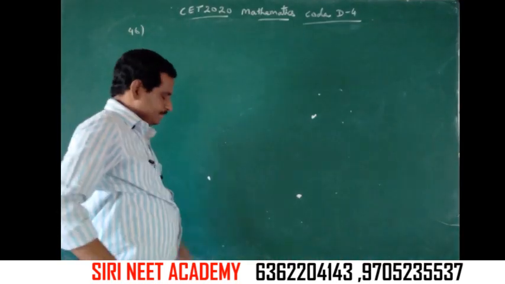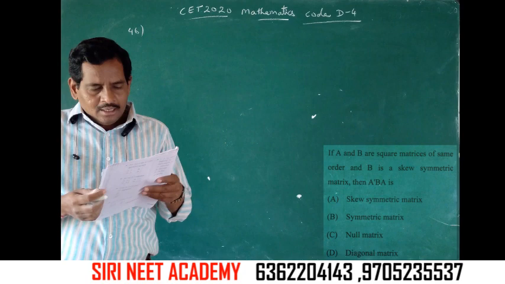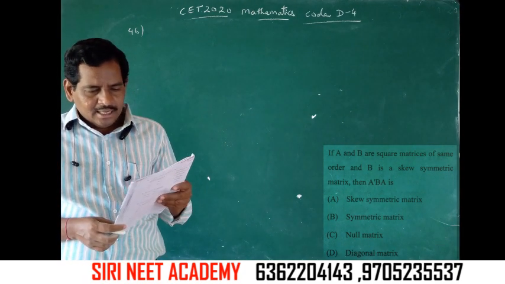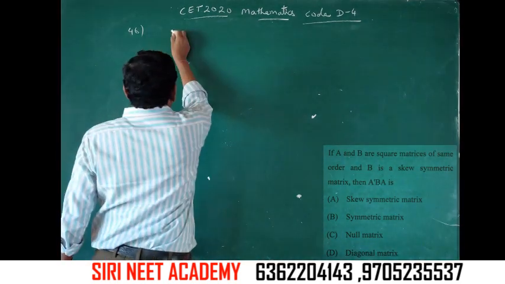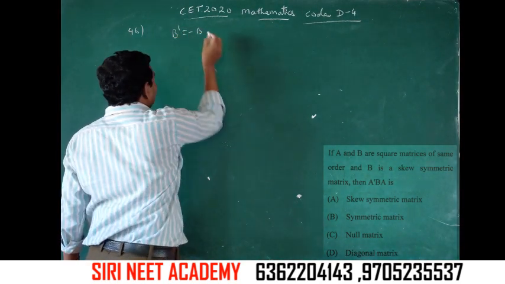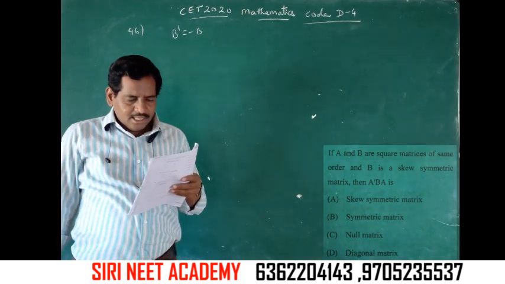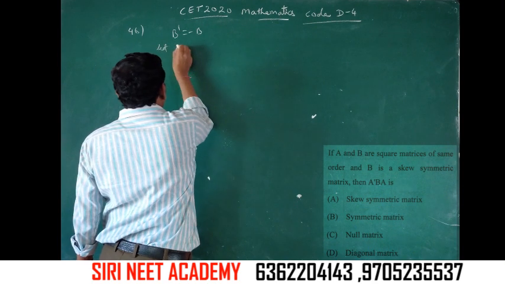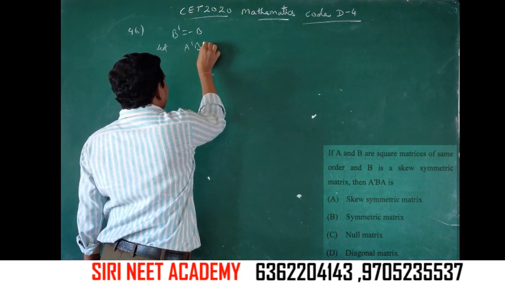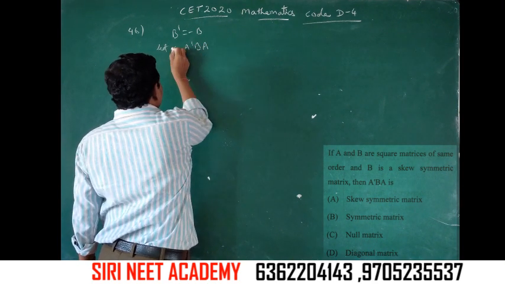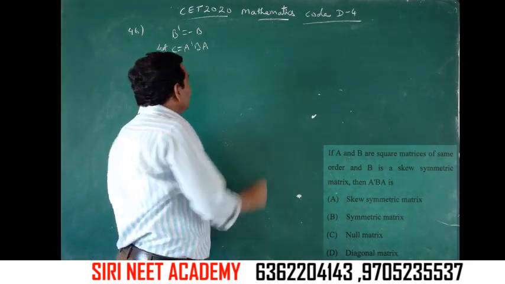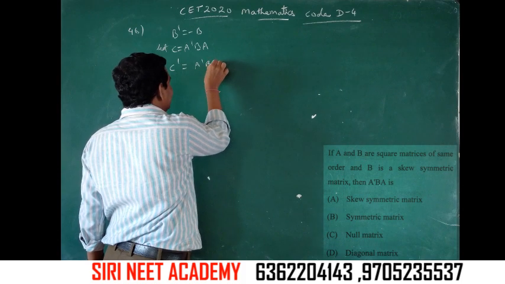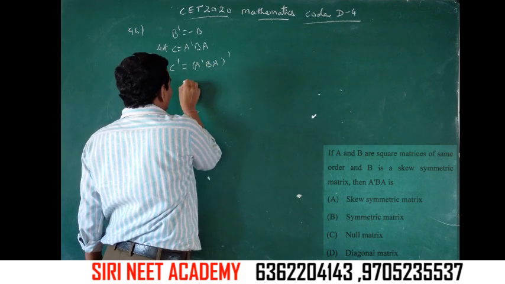Number 46. A, B are square matrices of the same order and B is skew symmetric, means B dash is equal to minus B. Then what about A dash B A? Suppose C is equal to the required. C dash is equal to A dash B A whole dash, whole transpose.